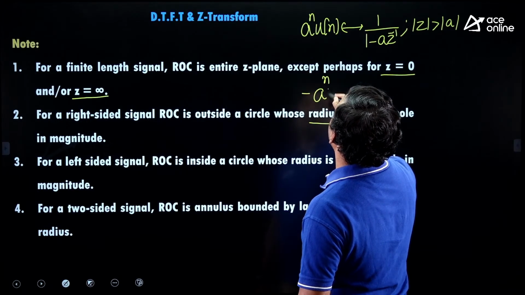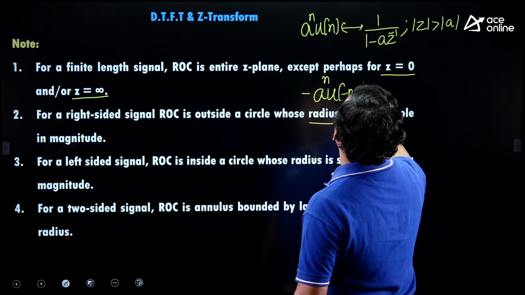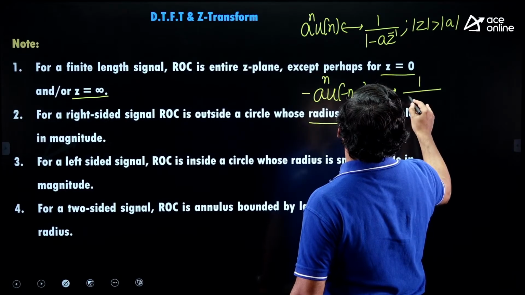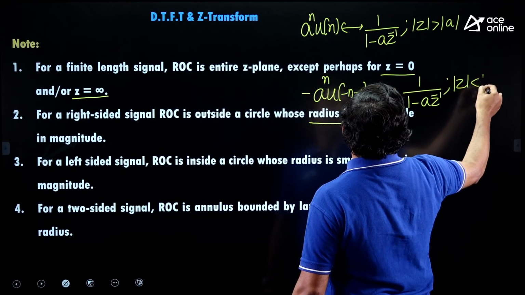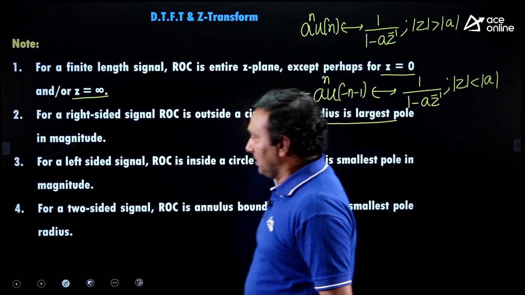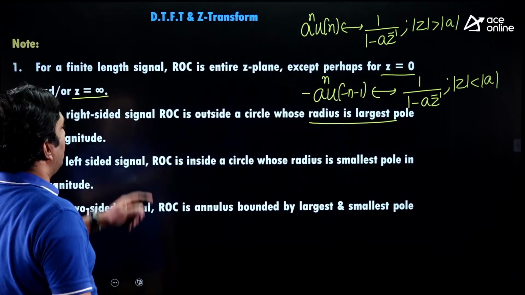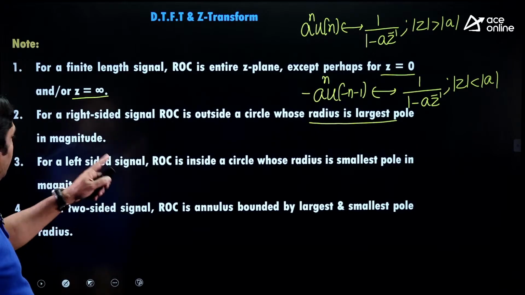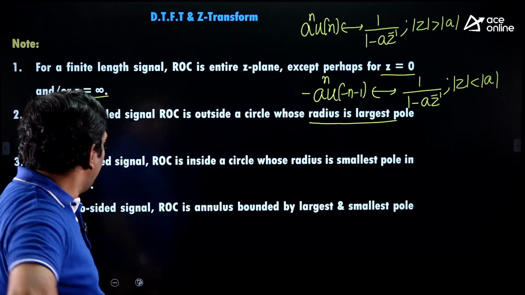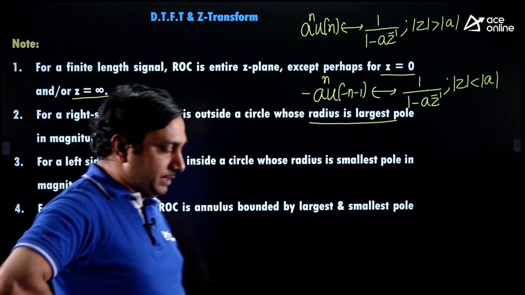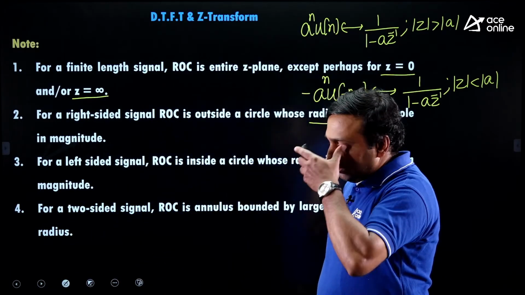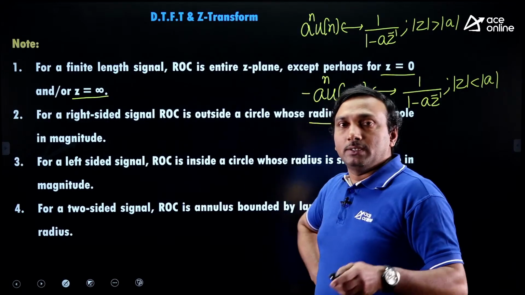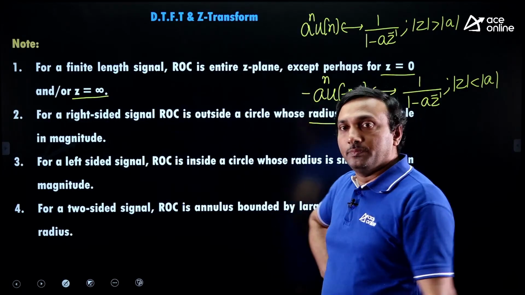Another one is a left-sided sequence that will also have the same Z transform, mod z less than. For a left-sided signal, ROC is inside the circle whose radius is the smallest pole in magnitude. For a two-sided signal, it is bounded by the smallest and largest pole in magnitude. So, Z transform questions will frame a model related to ROC.